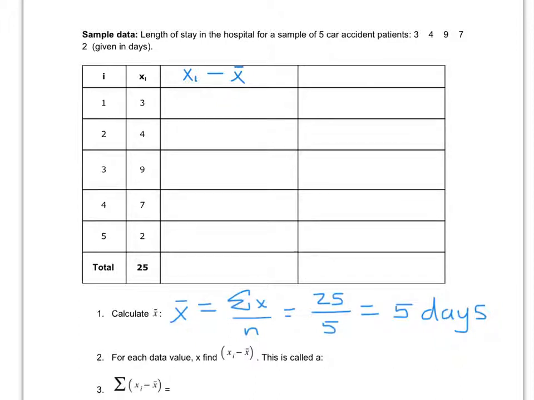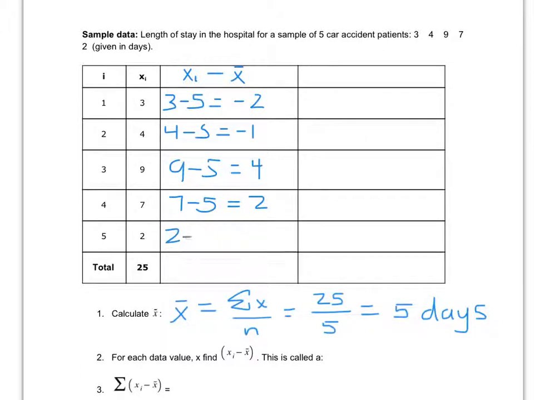So 3 minus 5 gives negative 2, 4 minus 5 gives negative 1, 9 minus 5 gives positive 4, 7 minus 5 gives positive 2, and 2 minus 5 gives negative 3.